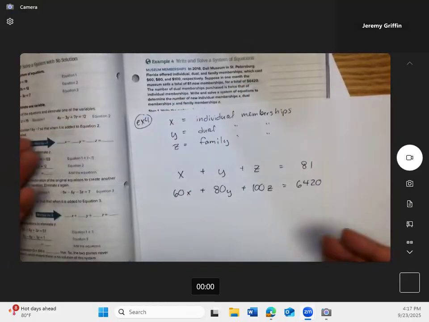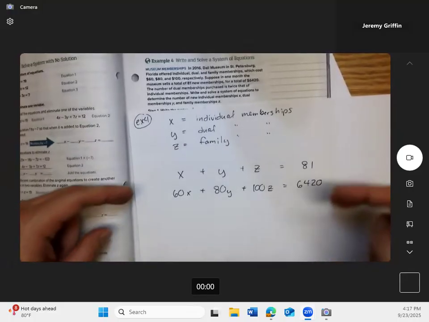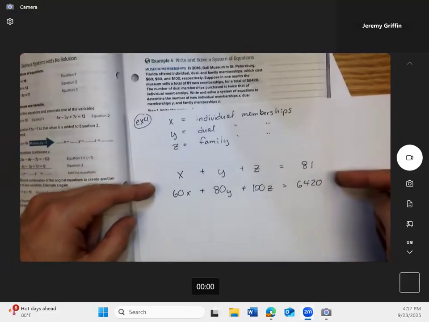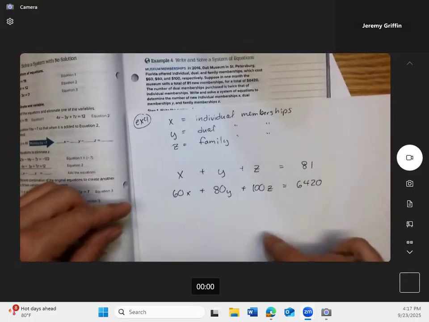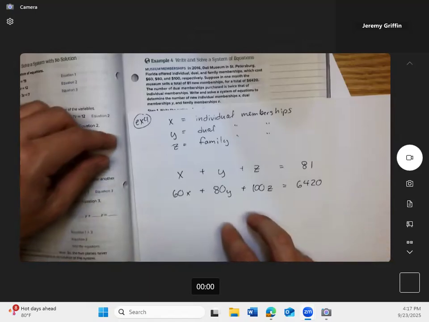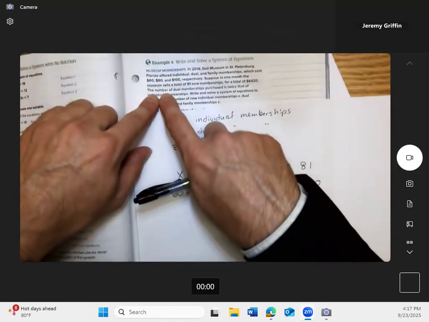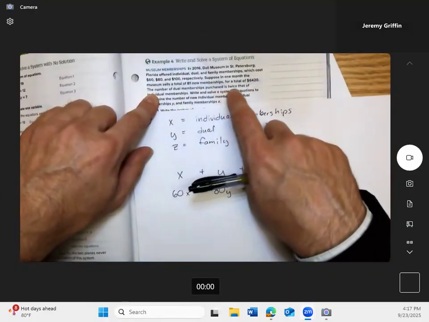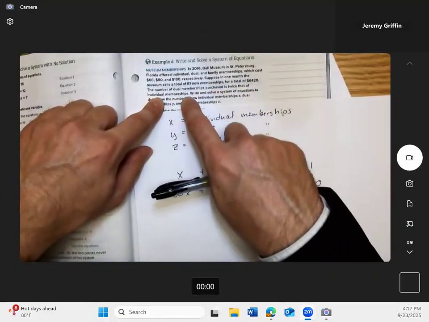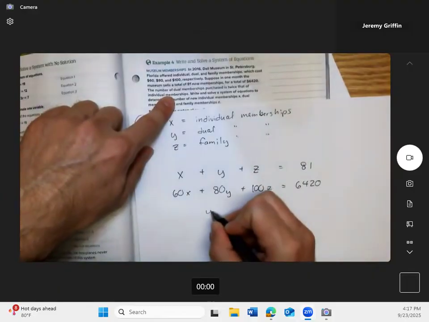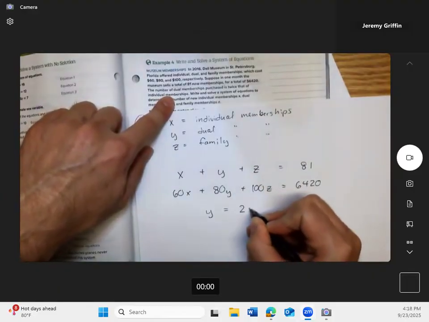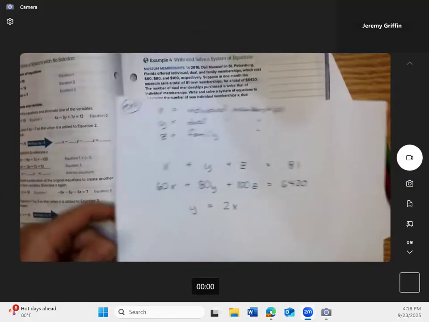Now I do have to have one more condition to be able to solve this. Otherwise, with three variables X, Y, and Z and two equations, that's not enough by itself to definitively know anything. And it's this detail right here: the number of dual memberships purchased is twice that of individual. So the number of dual, which is Y, is equal to twice individual, 2X. Now this is solvable.